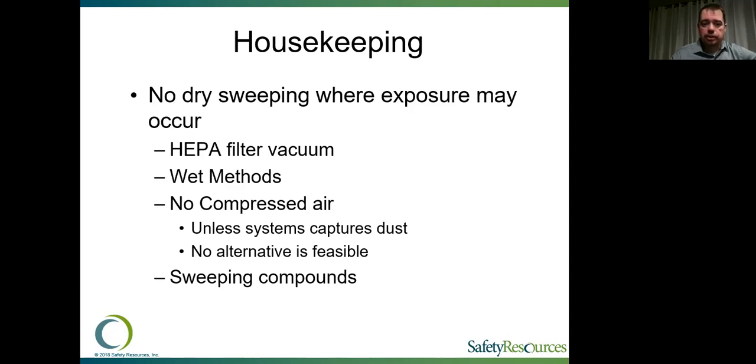Sweeping compounds, this one gets to be the challenging aspect of making that determination. If there are sweeping compounds that are to be used, the amount of compound that gets applied has to be specified very specifically. And you'll still need to have data that demonstrates that using that sweeping compound with this volume of material for this square footage of area that we're sweeping up is able to keep that dust down to a minimum.